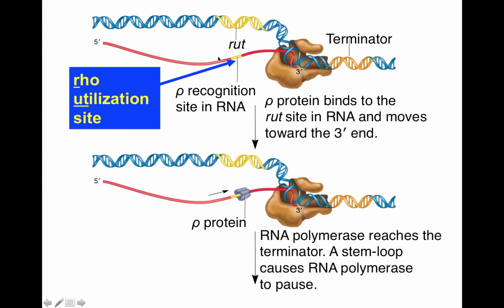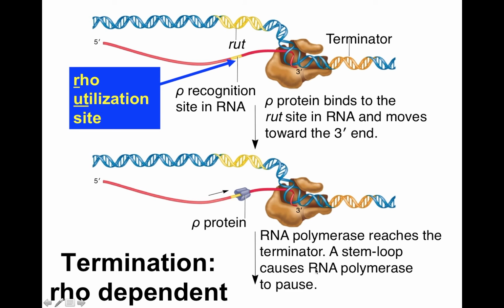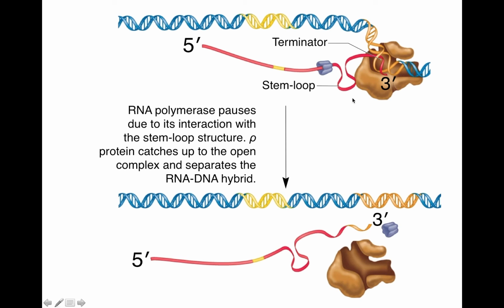The RUT site functions when it is transcribed. It functions as an RNA. When RNA polymerase has transcribed the DNA and produced an RNA with the RUT sequence in it, the Rho protein clamps on. RNA polymerase proceeds until it reaches the terminator, when it forms a stem loop that causes RNA polymerase to pause. Here is the stem loop that forms.